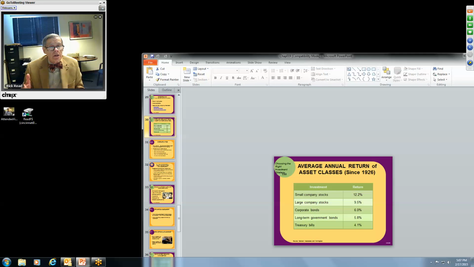The average annual return of asset classes since 1926. Not something I want to get into, but something you can certainly look up for yourself. I will tell you that if somebody tells you that they're going to give you a return of 10% a year, year after year after year, you should walk away from it.